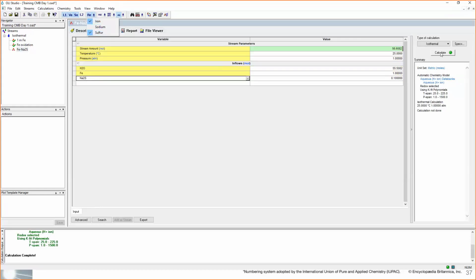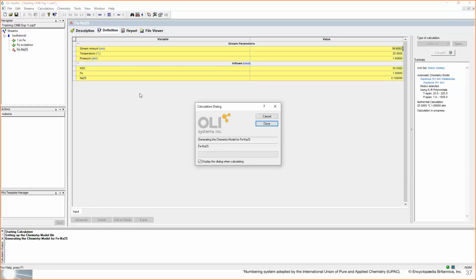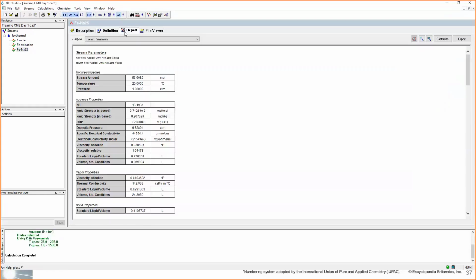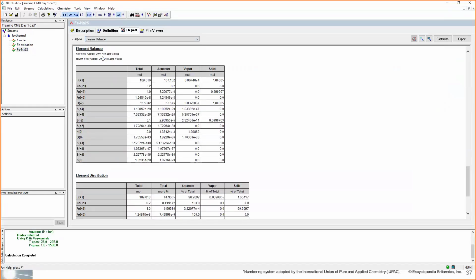And we recalculate, okay? So with this, once we go to the report and then we go to the jump to element balance, I want you to notice something here. I have selected the sulfur redox, and all of the oxidation states of sulfur have been included in this calculation.